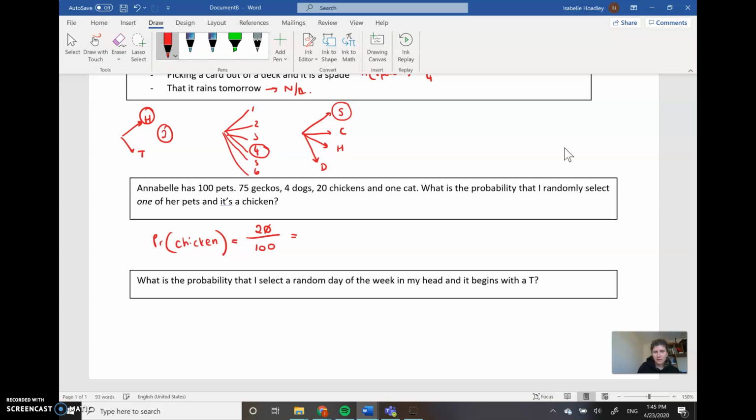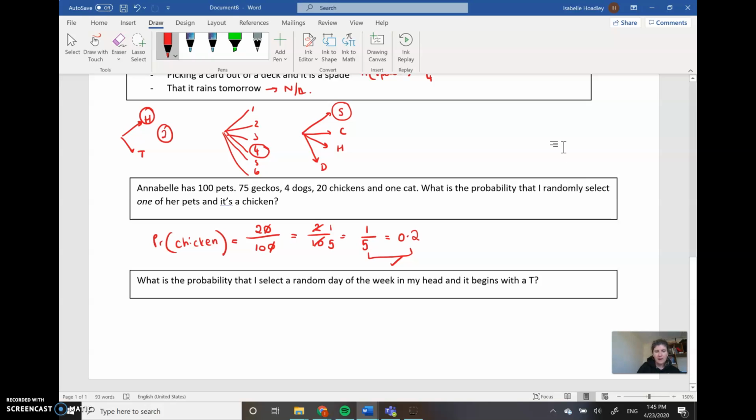Now to work that out, we cancel out those zeros. 2 out of 10. Now 2 goes into 2 once and 2 goes into 10 5 times. So that's a 1/5 probability. Or you could do it on your calculator and that would give you 0.2.